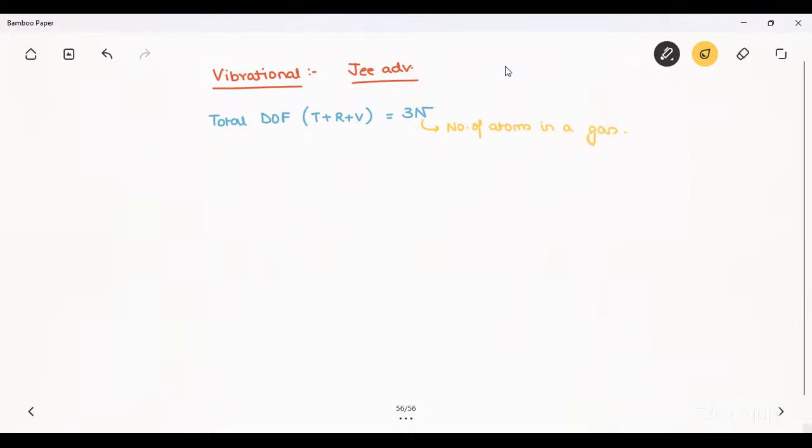So N will be 1 for monoatomic gas, N will be 2 for diatomic gas, and N will be 3 for triatomic gas. Right or wrong? Triatomic, linear or non-linear? Both.